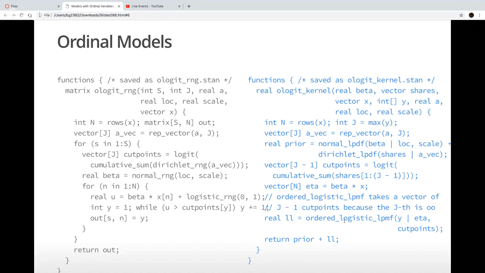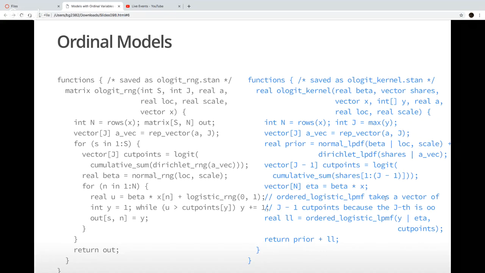Because as you can see, when you cumulative sum the shares, if you did it all the way to J, the last value would be 1, and then the inverse CDF of 1 is going to take it to infinity. So implicitly, utility is always less than infinity, and so you don't need to pass that to the ordered logistic LPMF likelihood. So we only do it for the first J minus 1 here.